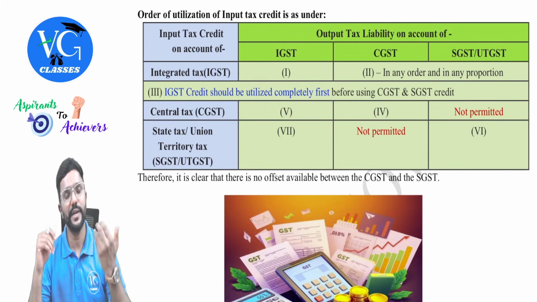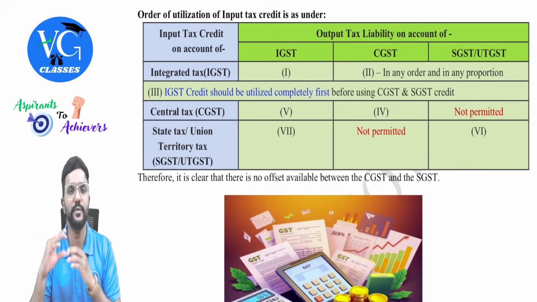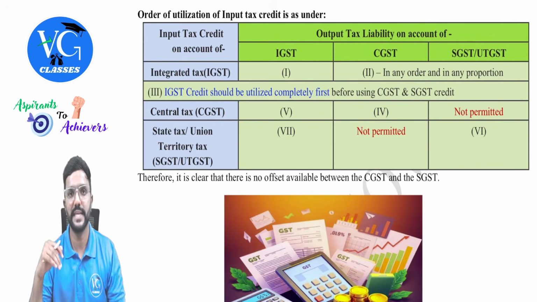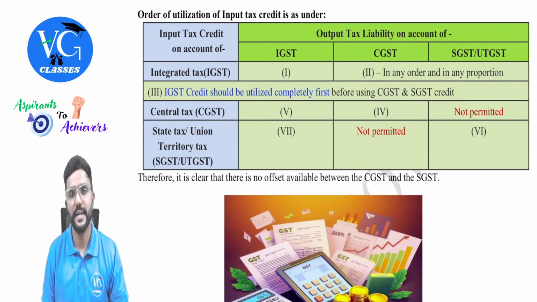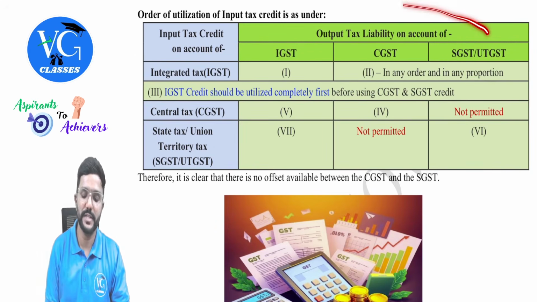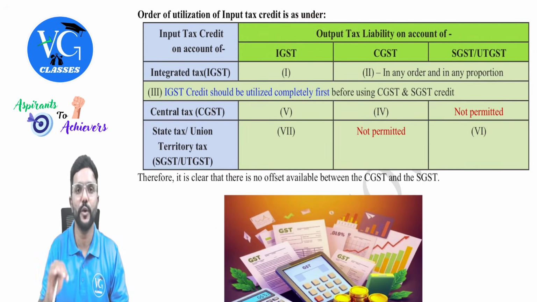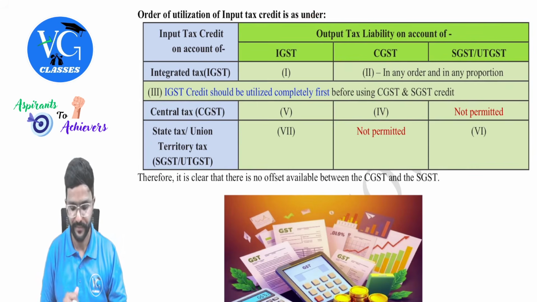If you already utilized the full IGST credit against output tax, and now the output tax you have to pay through the cash ledger has come to 0, then there is no need to use CGST and SGST credit. In that case, you will carry it forward to the next tax period, guys. So this is the procedure or sequence which you need to follow to utilize the credit.